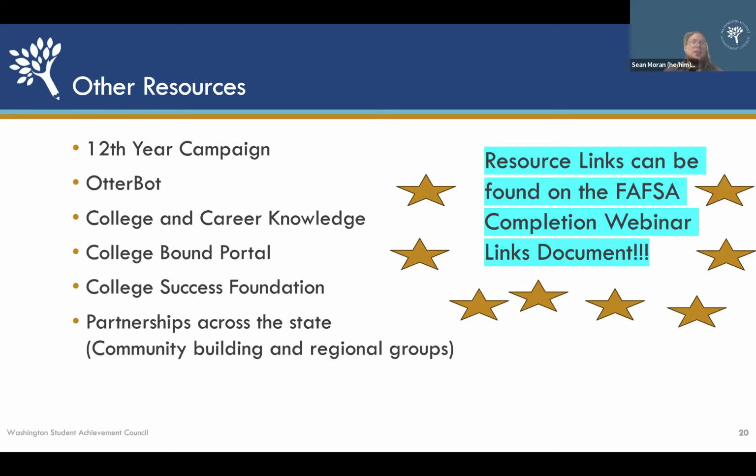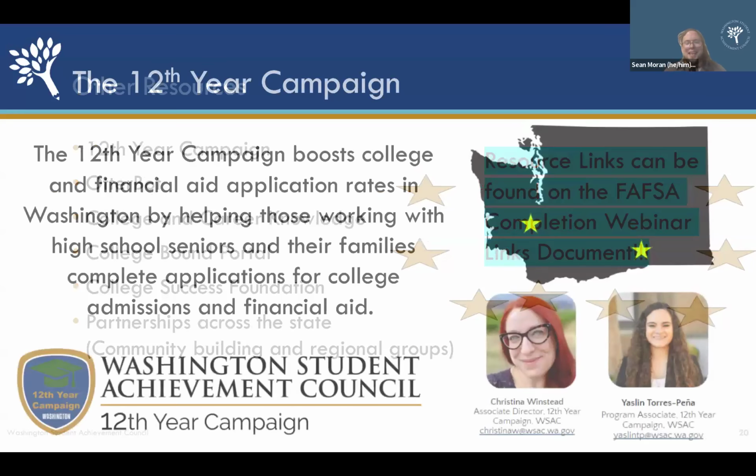So these are other resources that you can use in conjunction with the data work you are doing. And I want to bring this up because oftentimes when working with this data, it can be very difficult if you're not aware of what support sources are there in your area or as a state. So, 12th Year Campaign.